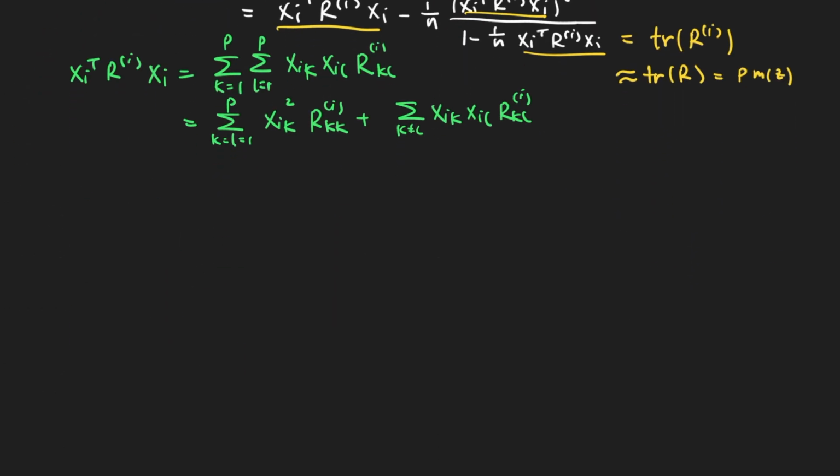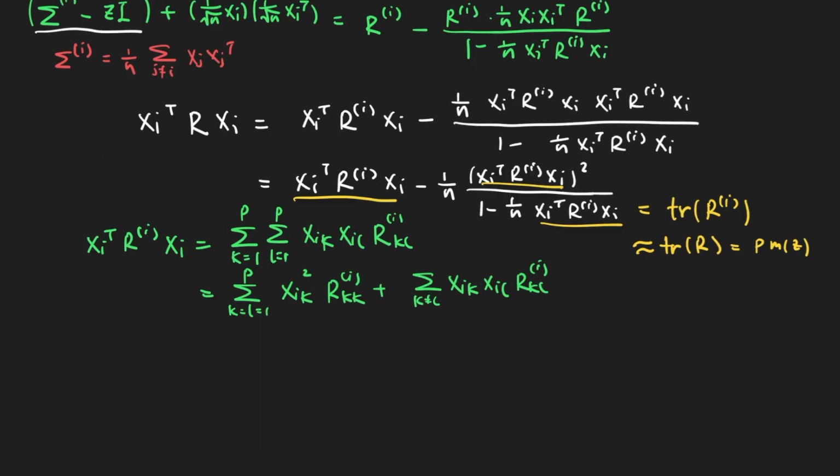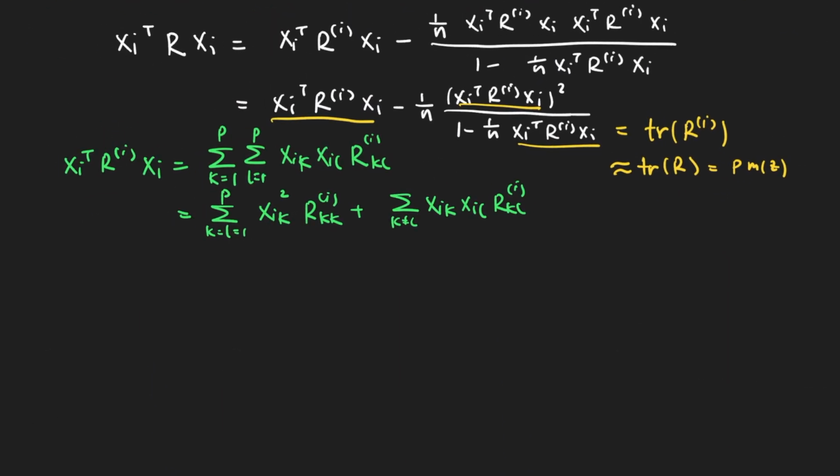So the reason that we want to do this is because we want to use the property of the random matrix, right? Remember that we have the expectation of xik equals 0. We have the variance, which is just the second moment, equals 1.